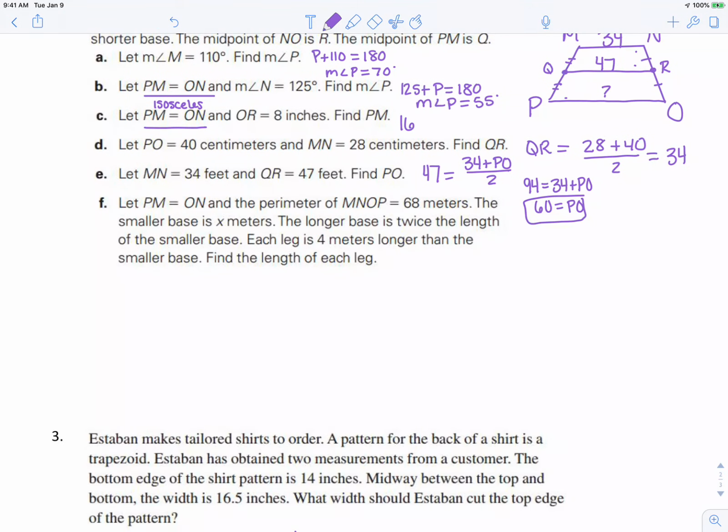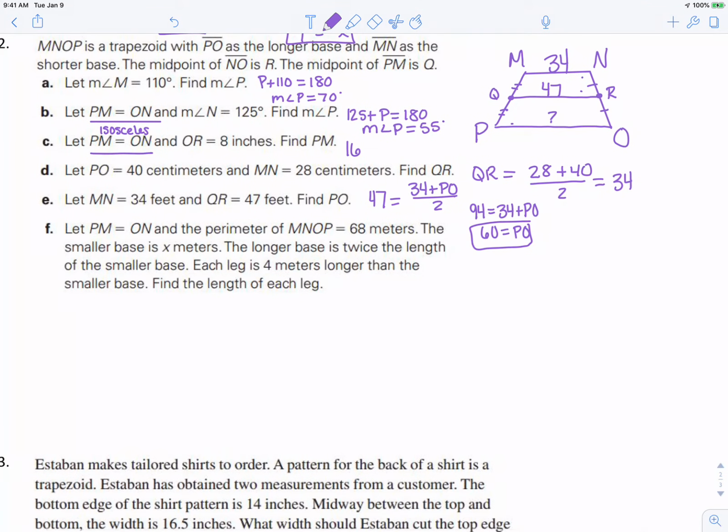F. Let PM equal ON and the perimeter of MNOP equals 68 meters. So PM equaling ON, again, is telling me it's isosceles, and the perimeter is 68 meters. The smaller base is X, the longer base is twice that, so that would be 2X.